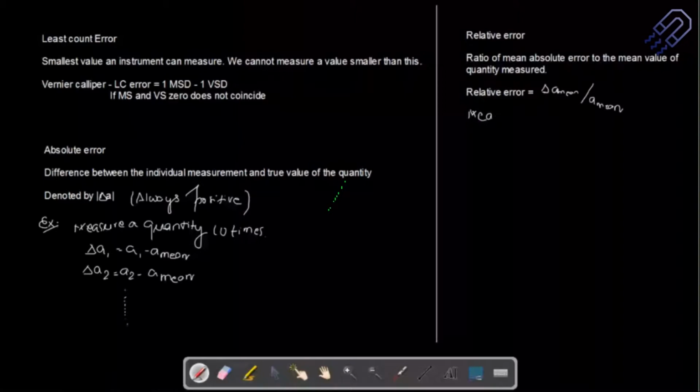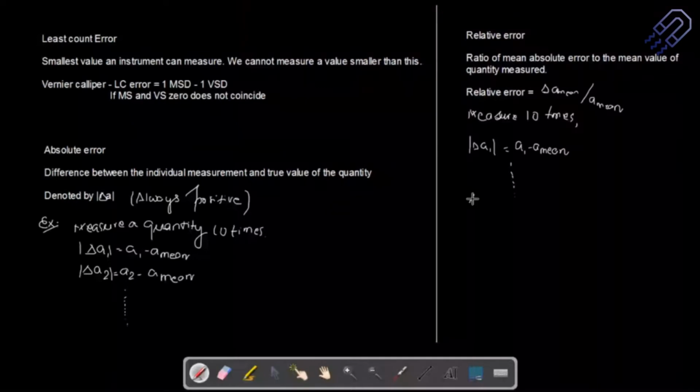When measuring it 10 times, delta A1 is one value, absolute. I think this is important, I should put an absolute value here. So delta A1 is equal to the absolute value of A1 minus A mean, and in this way we get up to delta A10, the 10th value minus A mean.